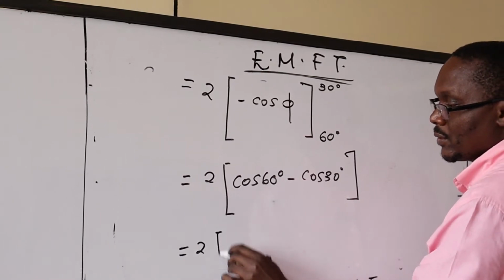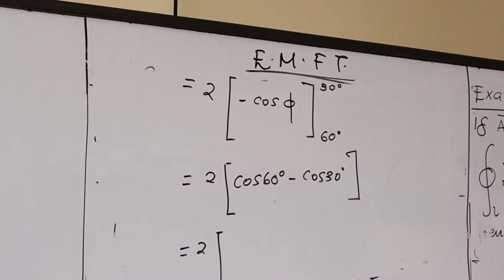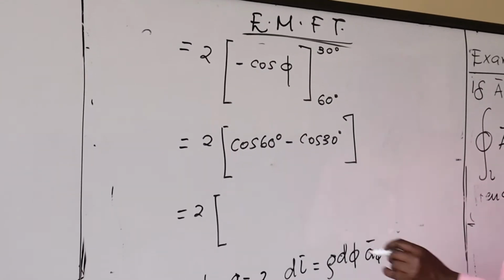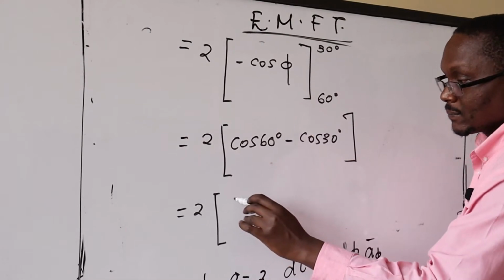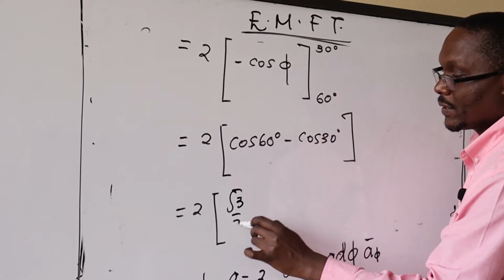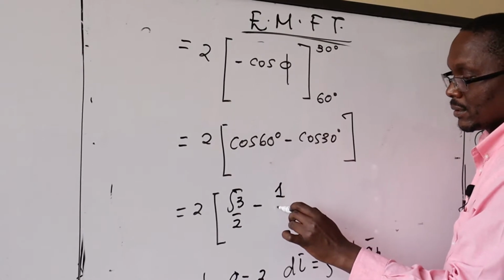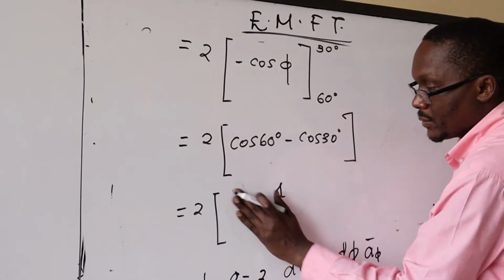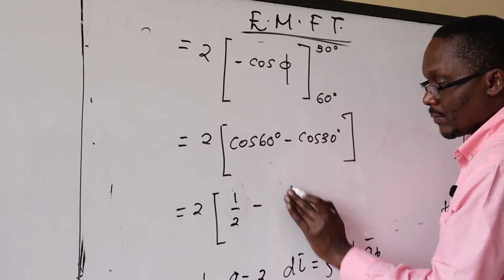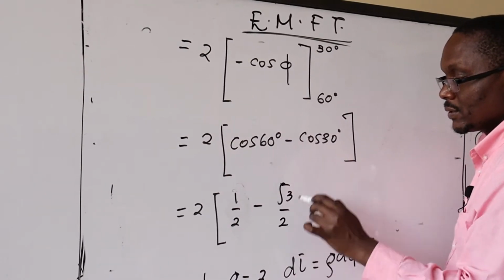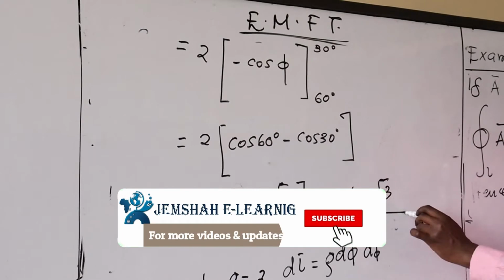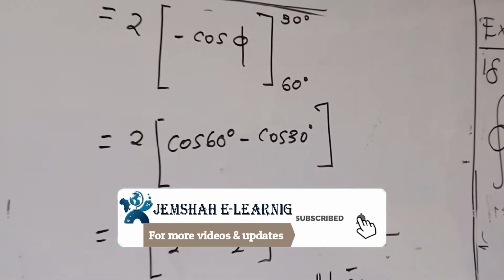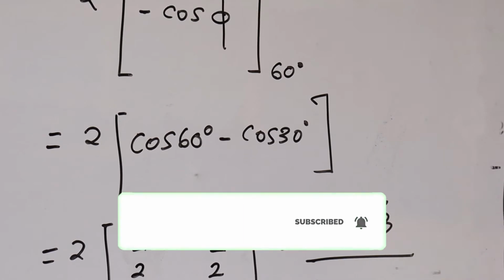And with a good calculator, if we punch that, we are going to have the root of 3 over 2 minus a half, minus the root of 3 over 2. And so this translates into 1 minus root 3 as our answer. So that will be our answer for that.